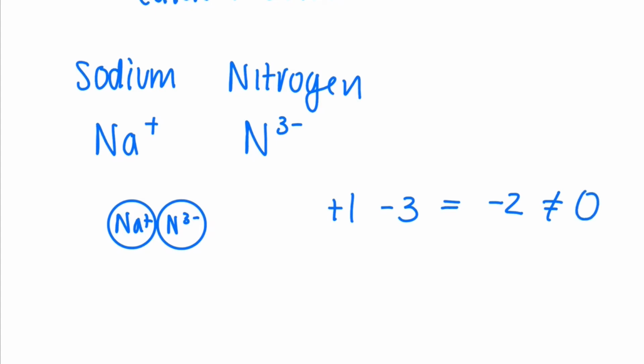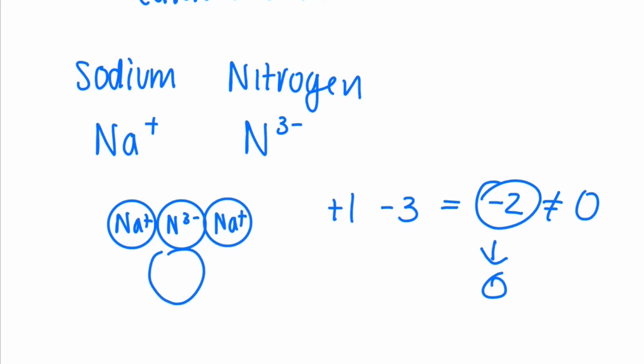And this is not 0. I need to get this -2 overall charge down to 0, and I can only do that by adding positives. So to do that, I hope you notice that you need to add 2 positive charges. I'm strategically placing my positive charges so they are only touching the negative charge. Positives should not touch positives, negatives should not touch negatives.